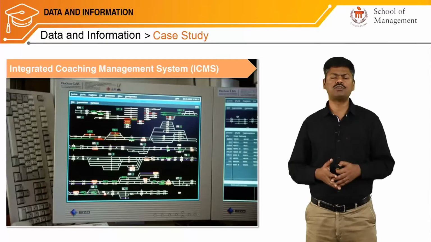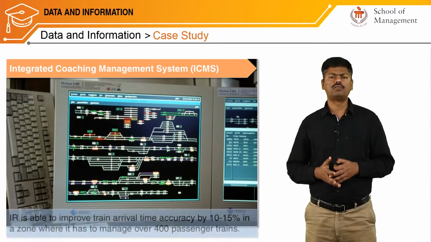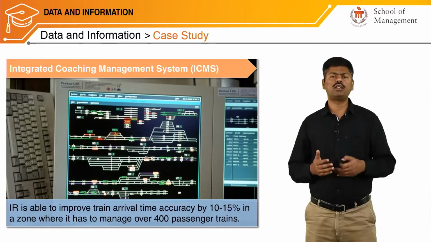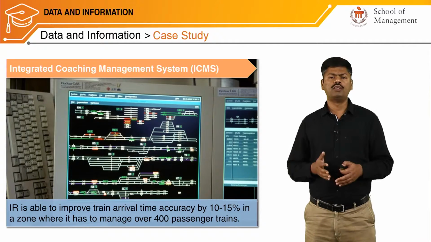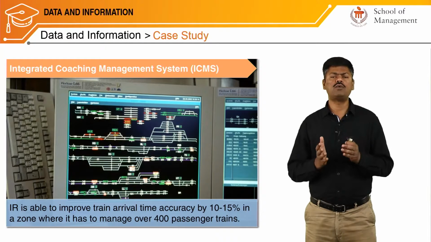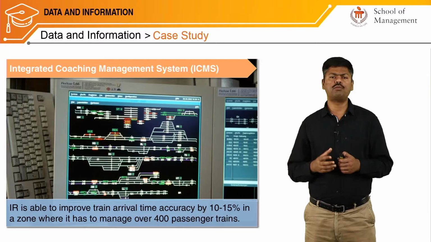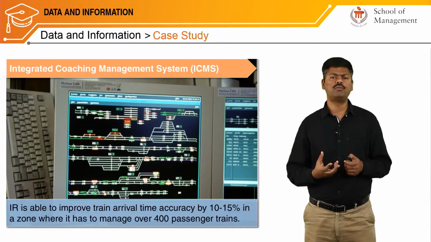Another information system used by railways is the integrated coaching management system. With that system, Indian Railways is able to improve train arrival time accuracy by 10 to 15%. It is a technically sound application which provides the railways the necessary information about passenger movement in trains, so that they could maintain the efficiency level at a higher standard.